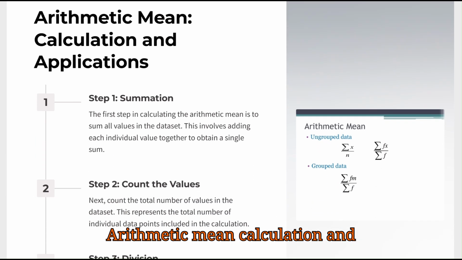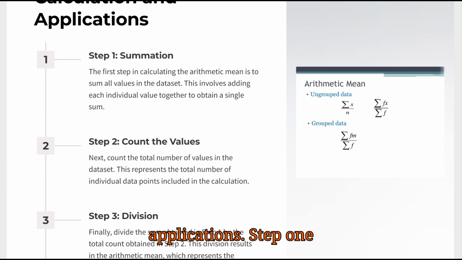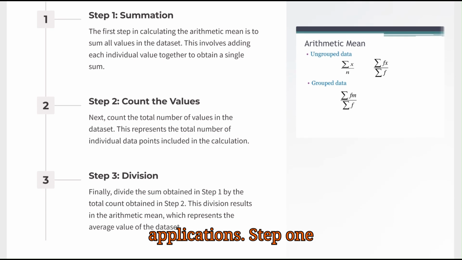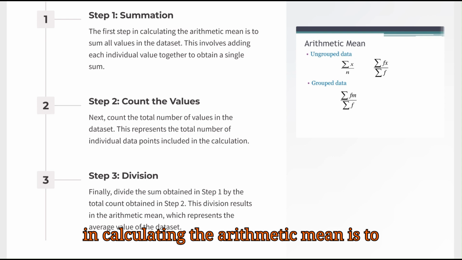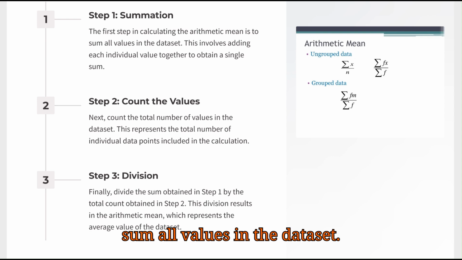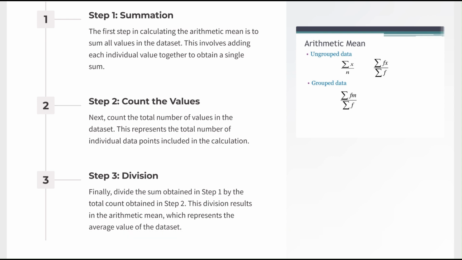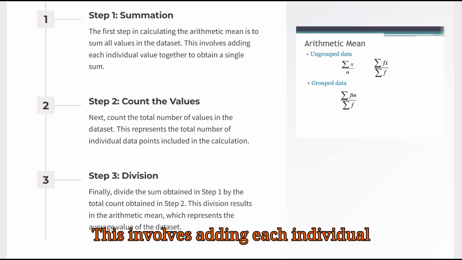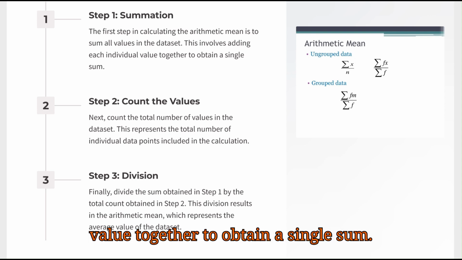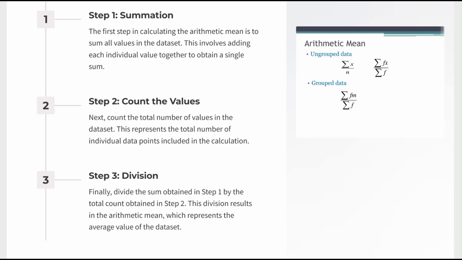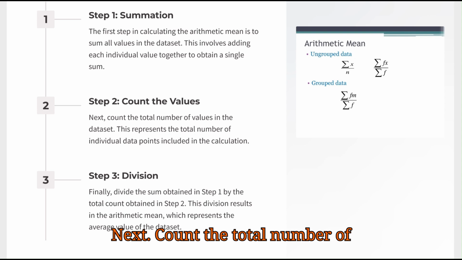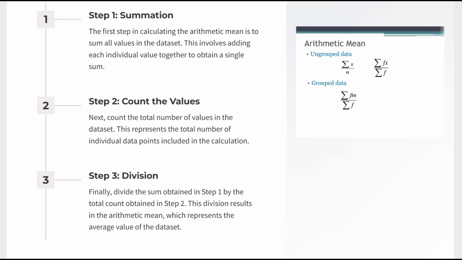Arithmetic mean, calculation and applications. Step 1. Summation. The first step in calculating the arithmetic mean is to sum all values in the dataset. This involves adding each individual value together to obtain a single sum. Step 2. Count the values. Next, count the total number of values in the dataset.